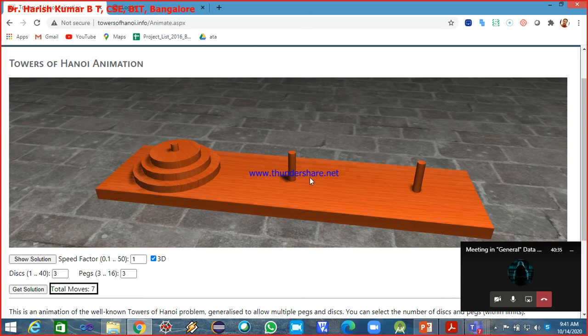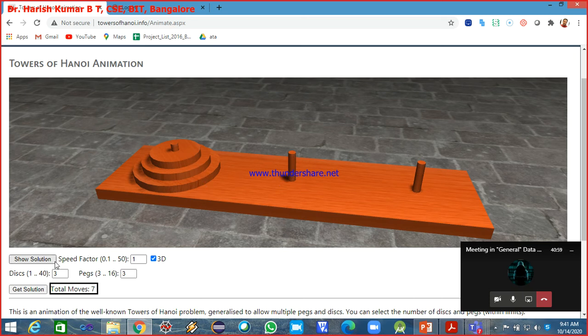This is my source, this is my destination, and this is my auxiliary peg. Using this auxiliary peg I want to shift all these disks from here to here.